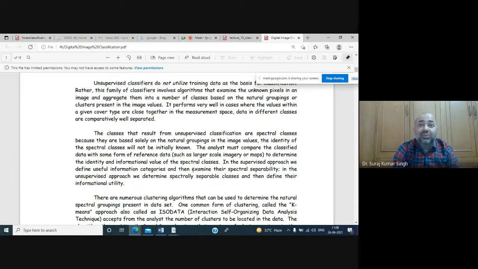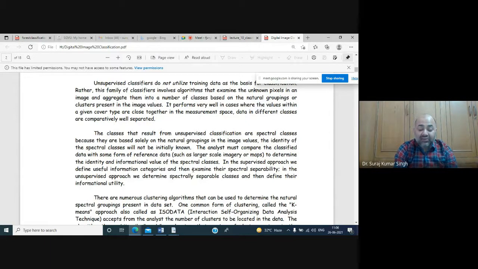So what was the basis? The basis was religion, where on the basis of religion the people migrated to two different countries, but still many people want to change their origin. Somebody from a specific community wants to go to Pakistan, and somebody from a specific community wants to come to India. In the same way, it happens in the unsupervised classification technique also.